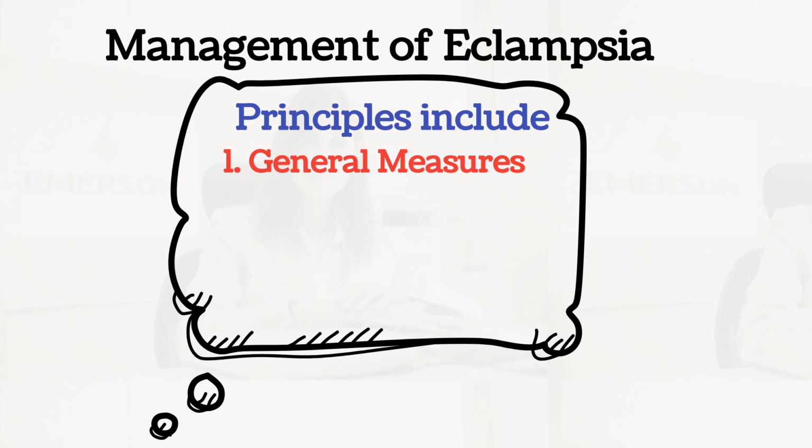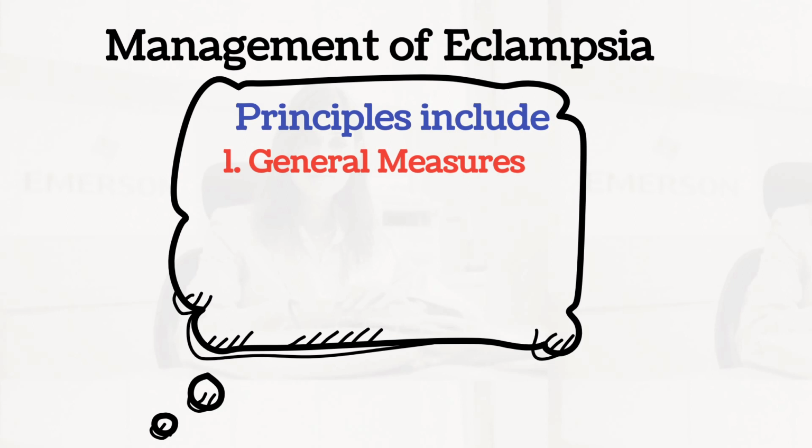Then you can give prophylactic antibiotics, and oxygen should be administered during and after fits. Also, if you are to sedate the patient, you have to use a self-retained Foley's catheter after sedation so that you can monitor urine.